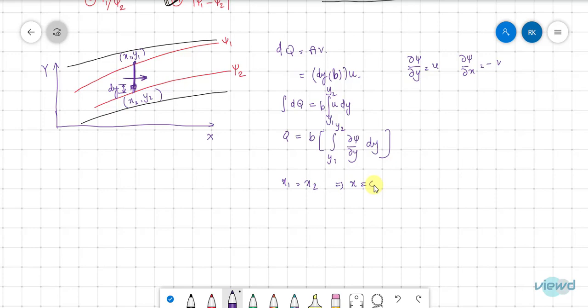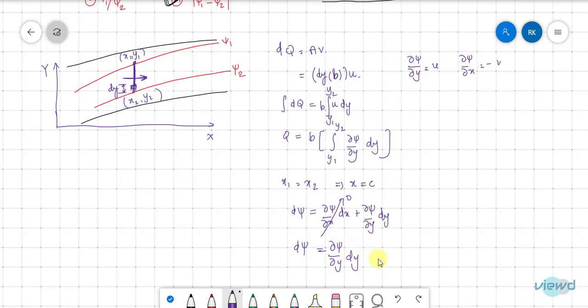So we can write d psi is equal to dou psi by dou x dx plus dou psi by dou y dy. As x is equal to constant, this will be 0. The change with respect to x is 0, and d psi is equal to dou psi by dou y dy.